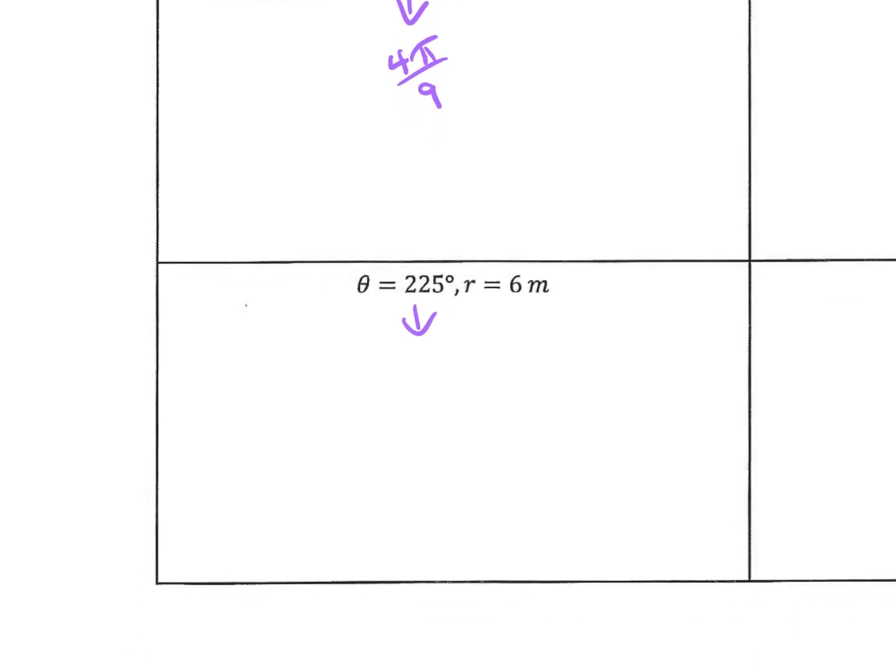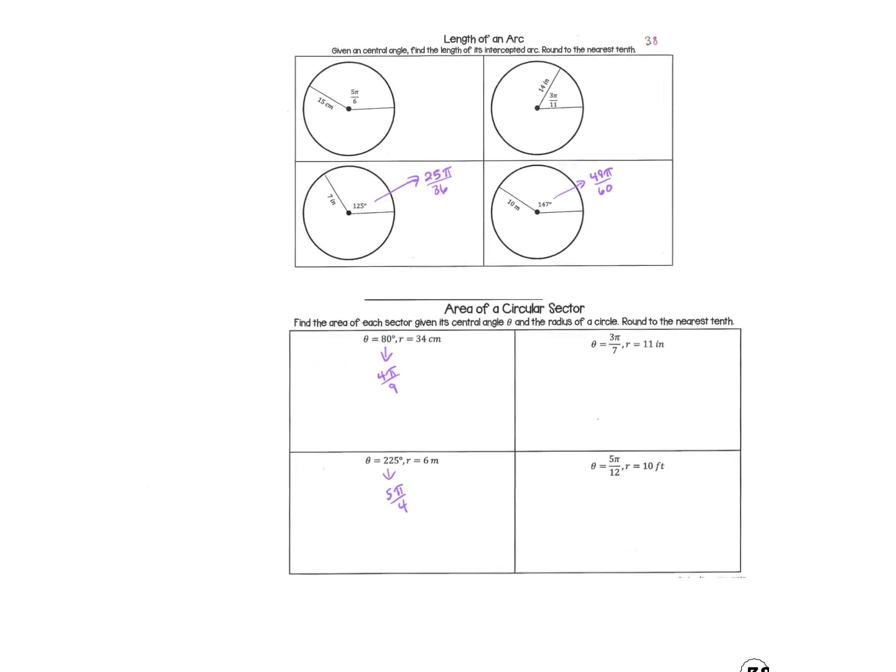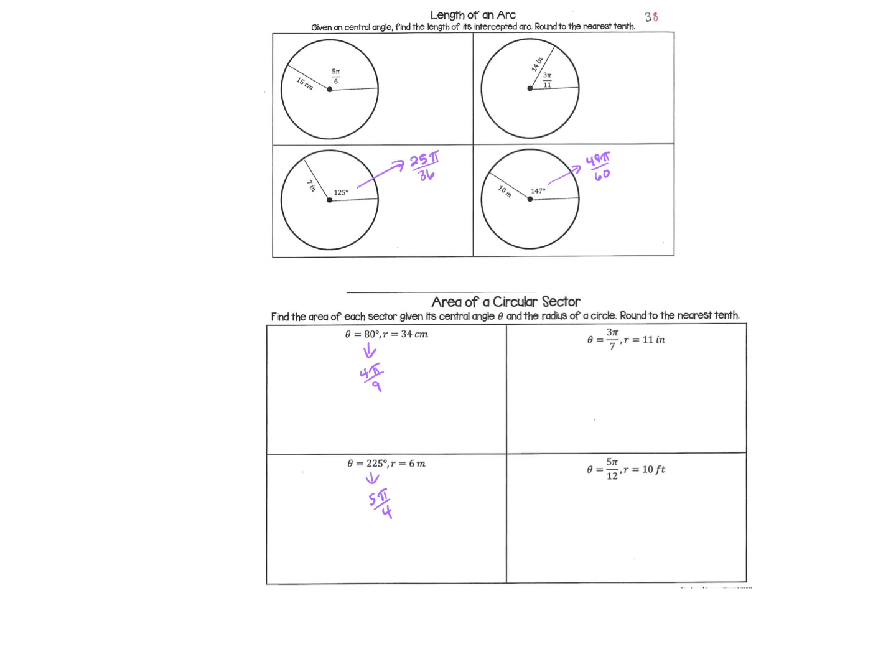And last one, Zach, 225 degrees is? 5 pi over 4. Beautiful. So that's a good reminder here. You may want to even put a little note: convert degrees to radians. That might be the best reminder you can get, seeing that whole page where all we've done is convert from degrees to radians, right? Okay.